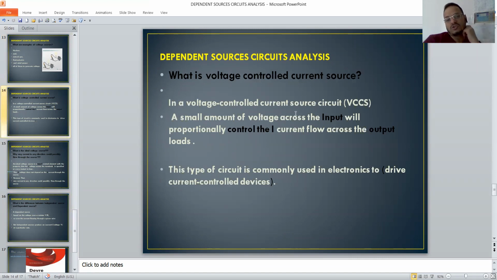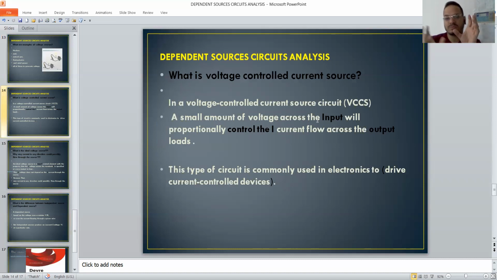What is a voltage controlled current source? In a voltage controlled current source, VCCS, a small amount of voltage across the input will proportionally control the current flow across the output.